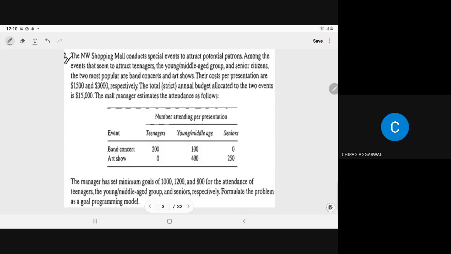The Northwest Shopping Mall, or NW Shopping Mall, conducts special events to attract potential patrons. So there is one mall trying to attract customers.